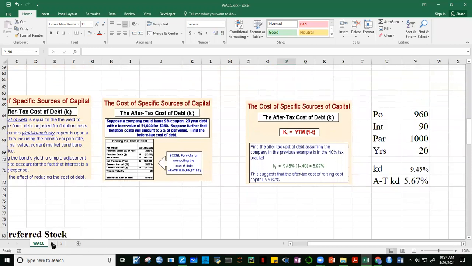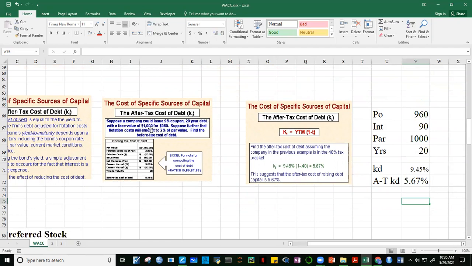Okay, so the best way, guys, is to have an example, no? So let me illustrate this example. So we need to compute first for the cost of debt. So we're given, suppose a company could issue a 9% coupon 20-year debt with a face value of 1,000.